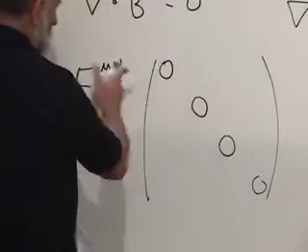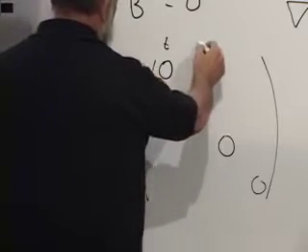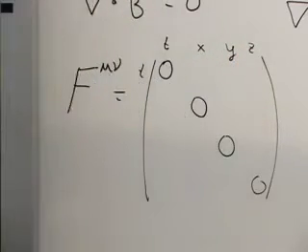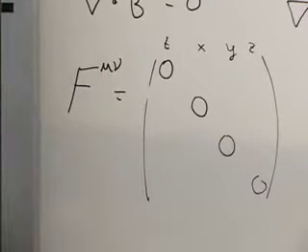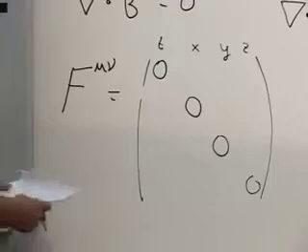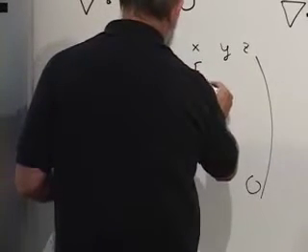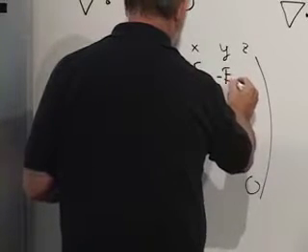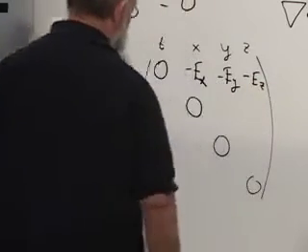Incidentally, in the first row and the first column, I'm going to put the time component, then the x, y, and z components. So let me just fill it in for you. Minus the x component of the electric field, minus the y component of the electric field, and minus the z component of the electric field.